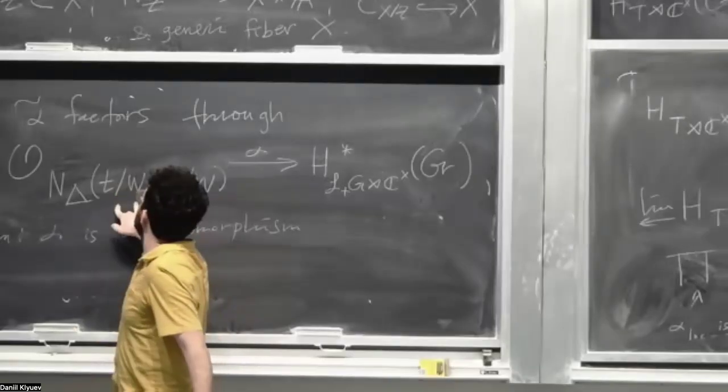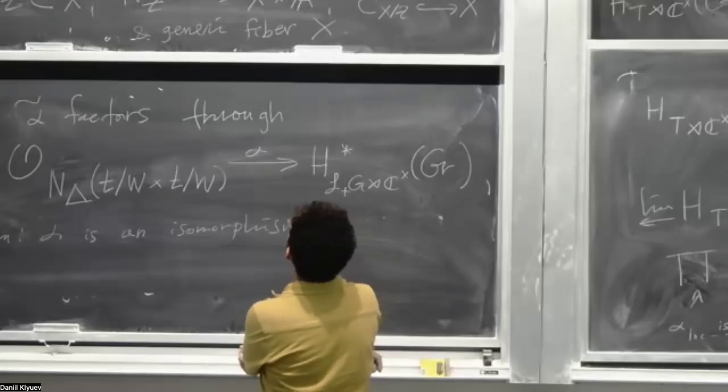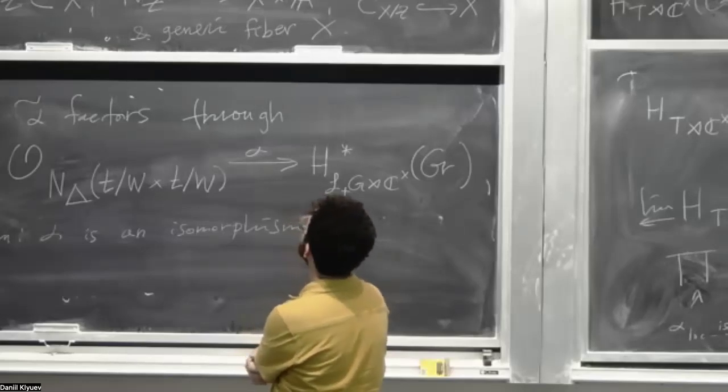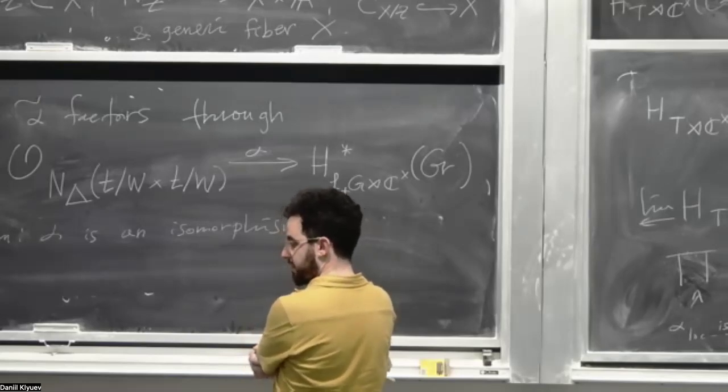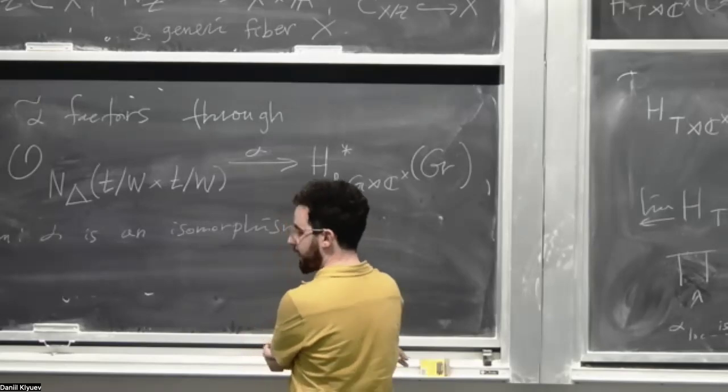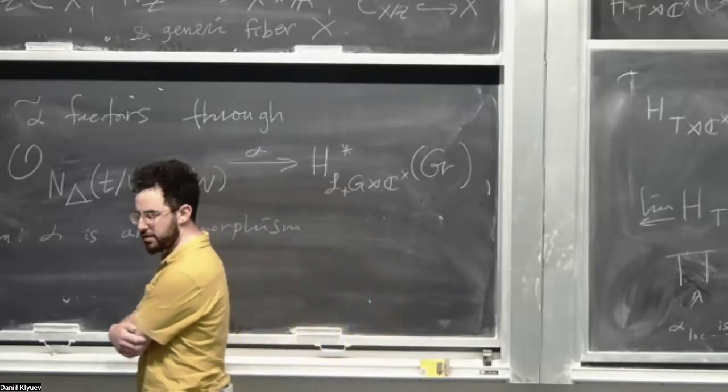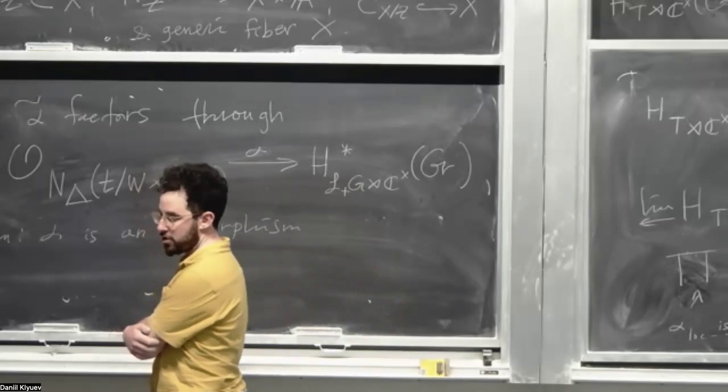How do you possibly see the C star equivariance on the left-hand side? The left-hand side doesn't see the C star equivariance, right? On this alpha map, how can it be an isomorphism? It's a vector space and something else. To get the convolution structure, you need a lot more.